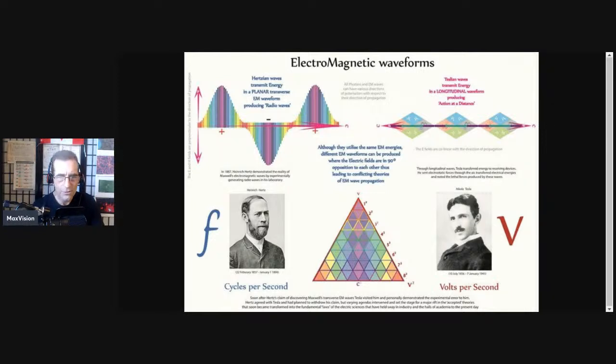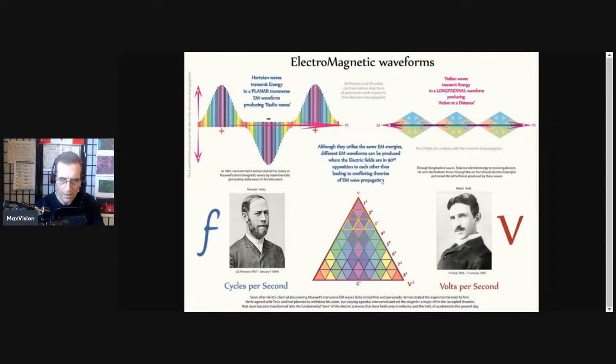That's a very interesting description. Although they use the same EM energies, different EM waveforms can be produced where the electric fields are in 90-degree opposition to each other, thus leading to conflicting theories of EM wave propagation. So, let's see.